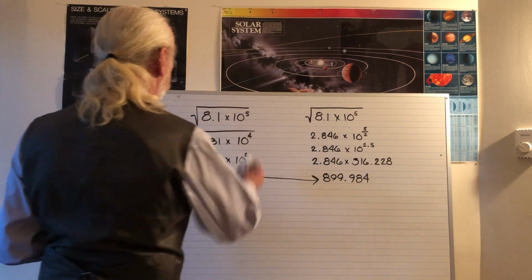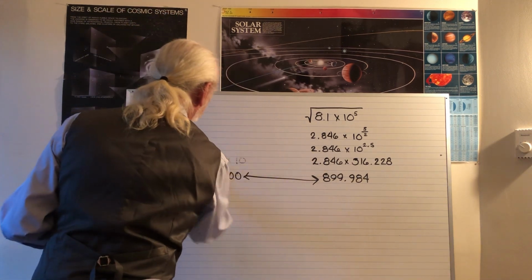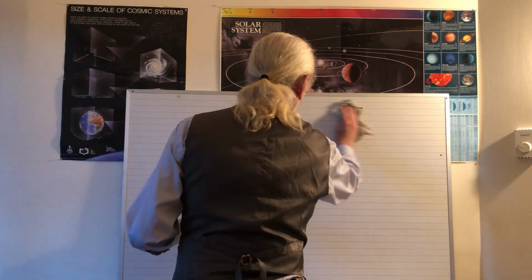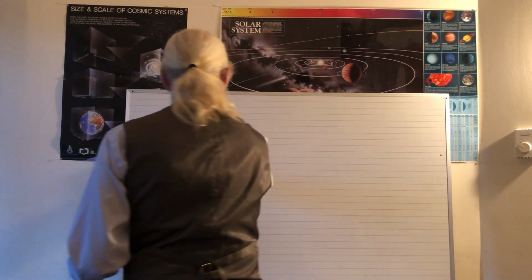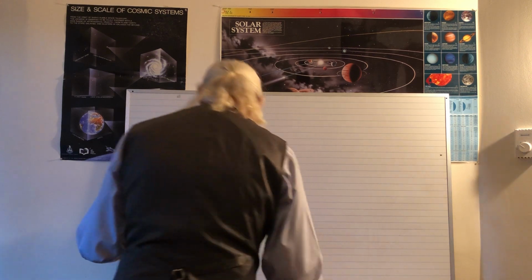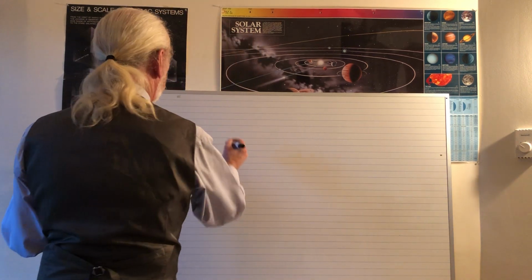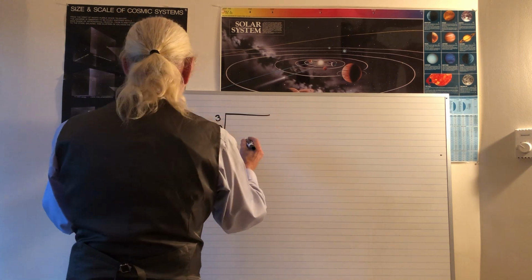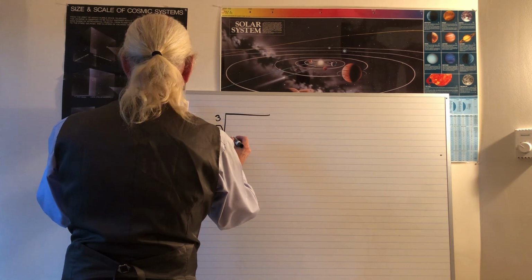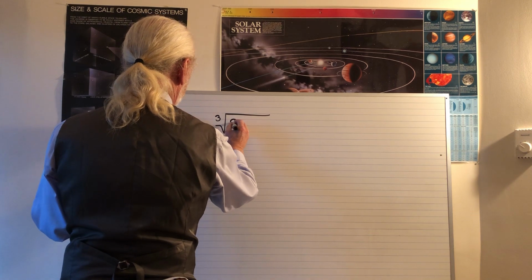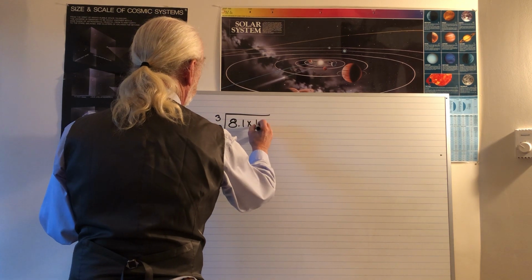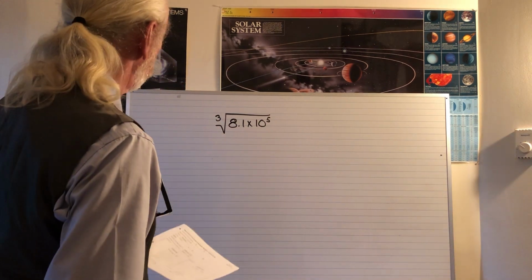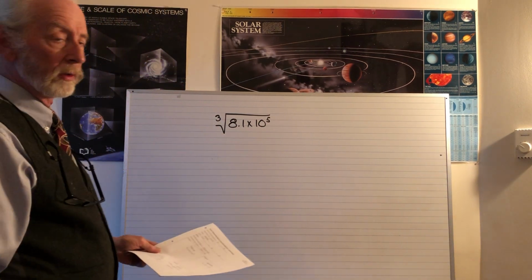last example. Cube root of 8.1 times 10 to the 5th. All right. So I'm going to cheat on this one.